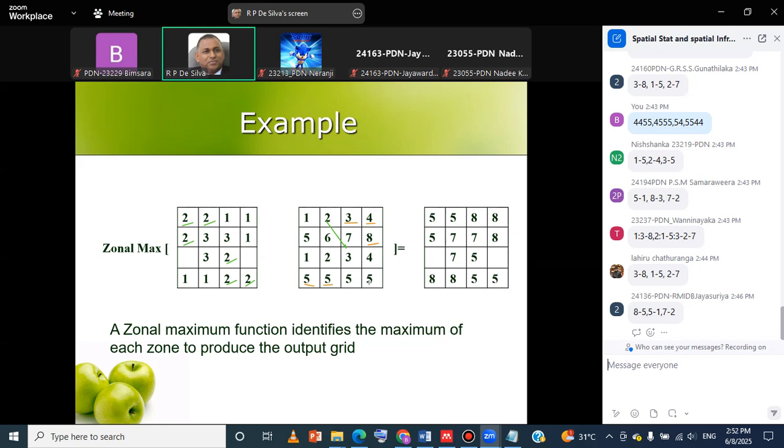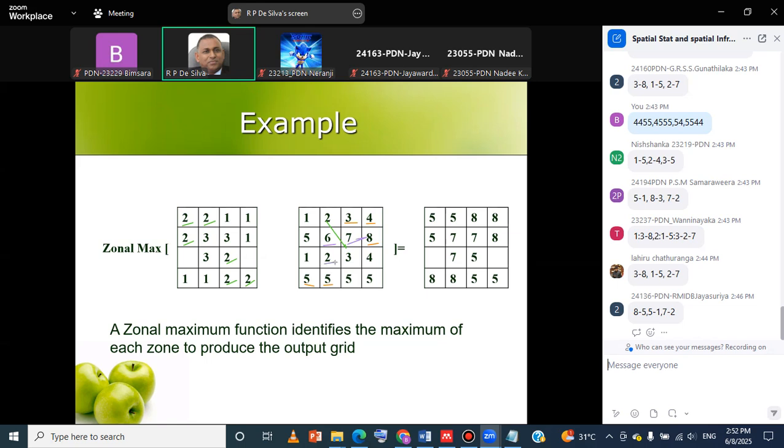If you look at zone 3, zone 3 is here, this cell, this cell, this, and this cell.